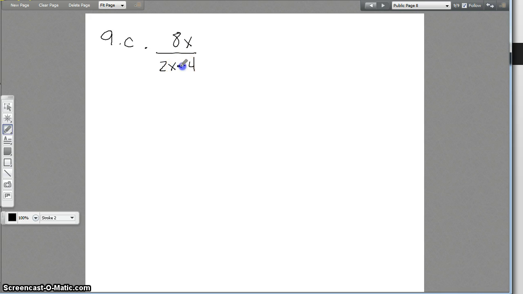So first thing I can see is that there's a common factor in the denominator. So I can write my numerator again, 8x, and my denominator I can factor out a 2. 2 times x will give us 2x. 2 times negative 2 will give us negative 4. And now I see my numerator has an 8, my denominator has a 2.